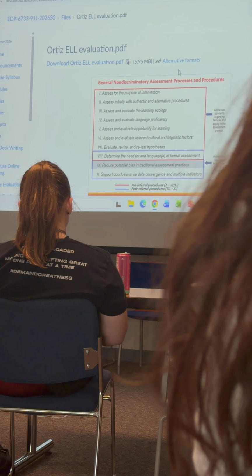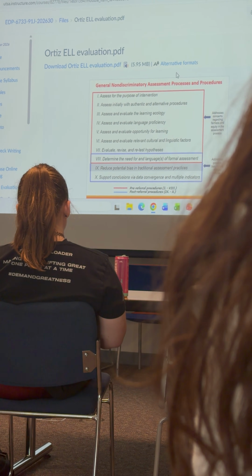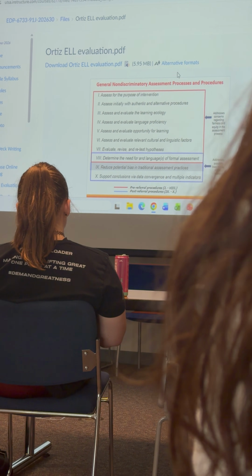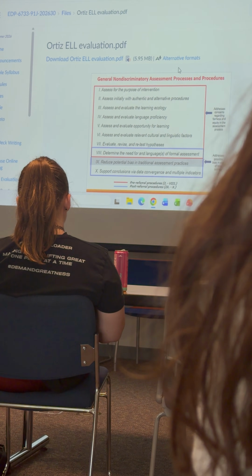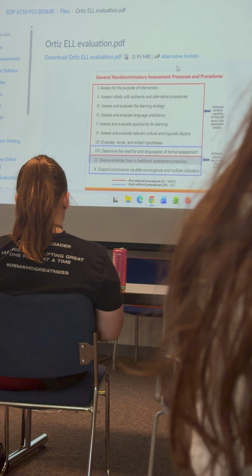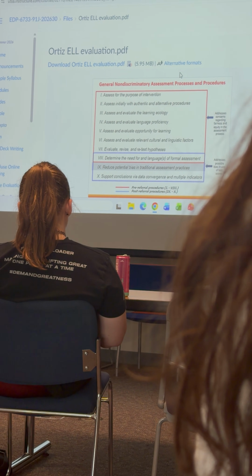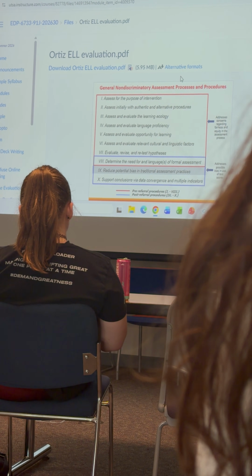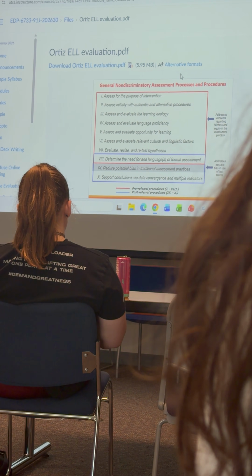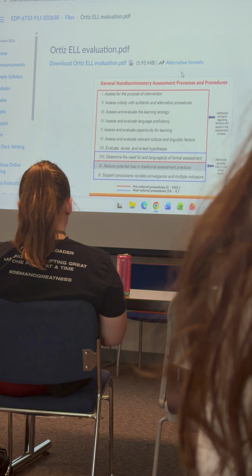And then here on 10 is just explicitly stating here what you would do. Support conclusions and data convergence, multiple indicators. So explicit naming would be all the times I explicitly stated data convergence, triangulation, right? Is looking at the preponderance of data, and that's all it is. It's looking at everything for what does most of the data say. That's the extent of it. So it's knowing that just conceptually you all know how to work through this process.